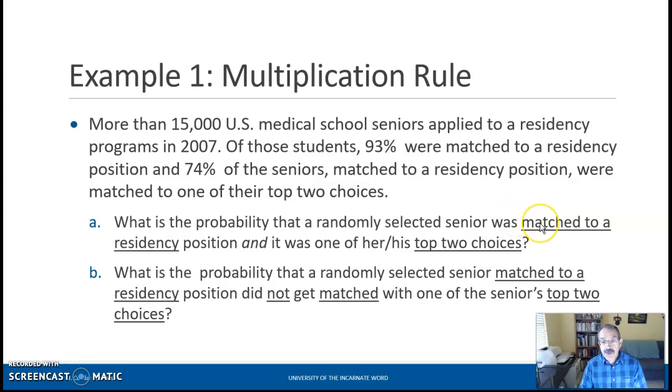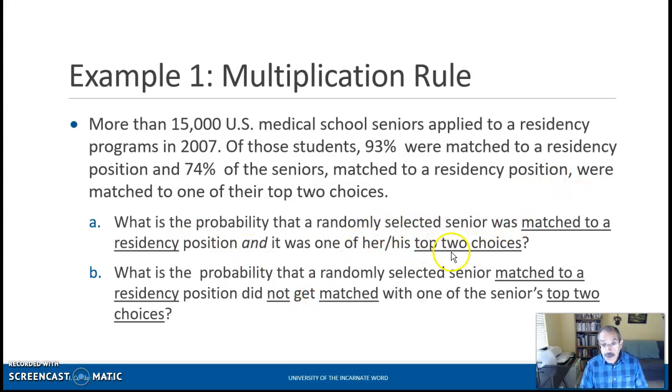So in the first question, they're asking us to find the joint probability that the student was matched to a residency and was matched to his or her top two choices. In the second question, they're asking us the probability that the senior was matched to a residency position but did not get matched to the top choices.